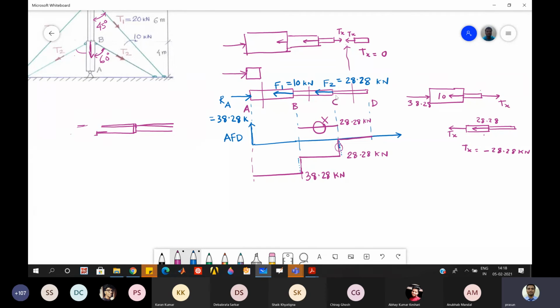But if you see in practice, there will be some stress concentration, and at the application of this force, there will be some higher stress. Whereas this corner may not be stressed much. And then if you try to find out the stress by finding this axial force and dividing by the cross section area, it may not be accurate.